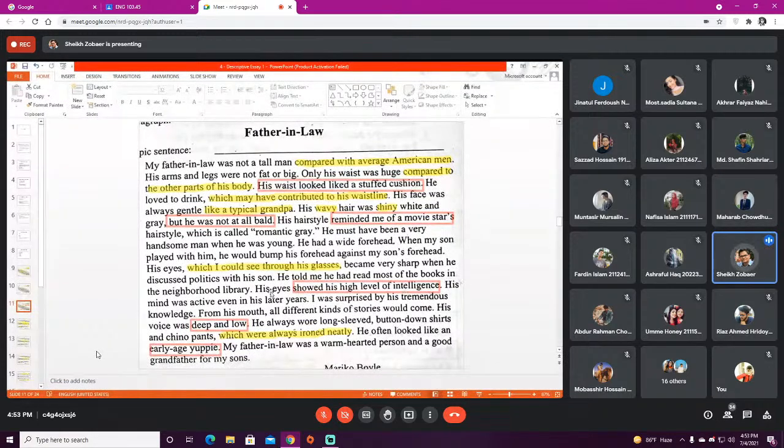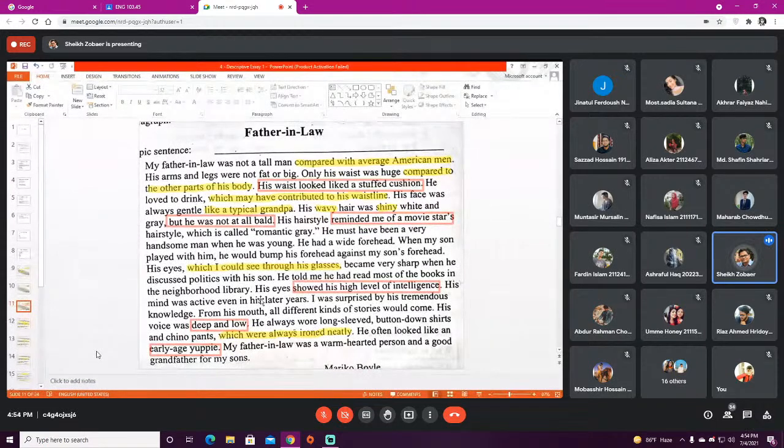So instead of writing this sentence, most people will go for, therefore, he was a very intelligent person. He told me he had read most of the books in the neighborhood library, and that is why he was very intelligent. This is what most of the students will write.